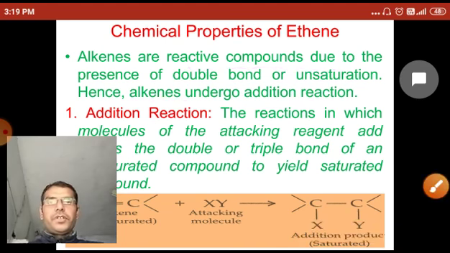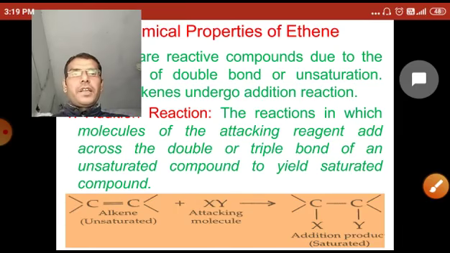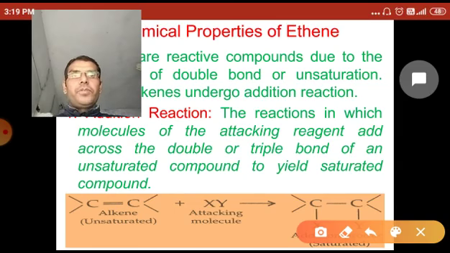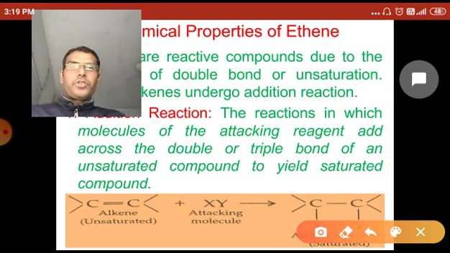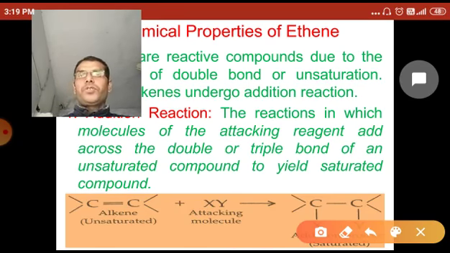The reaction in which the molecule of the attacking reagent adds across the double or triple bond of an unsaturated compound to yield saturated compounds is called the addition reaction. So, addition reaction is only performed by unsaturated compounds, not by saturated compounds.